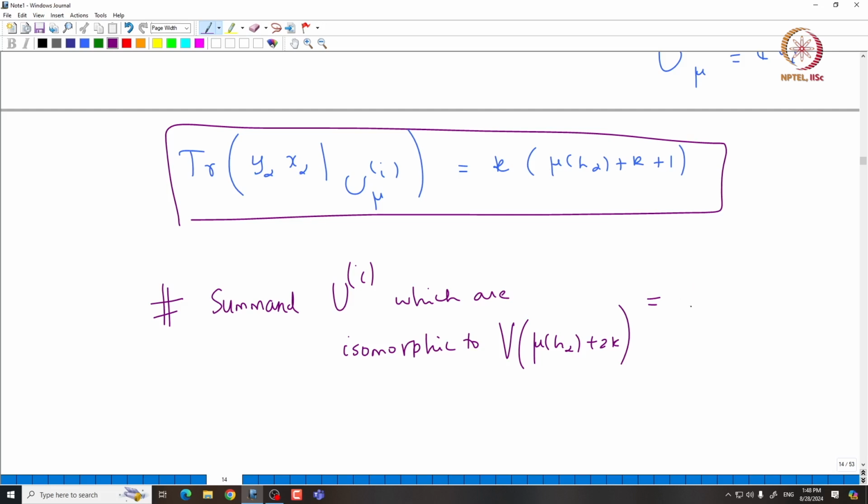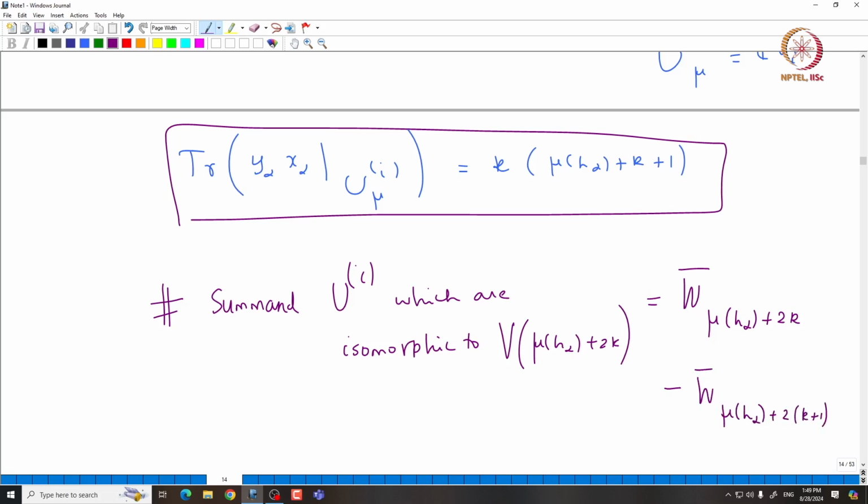That is exactly, you look at the W bar and look at the multiplicity of mu of h alpha plus 2k and then you subtract the multiplicity of W bar mu of h alpha plus 2 times k plus 1.